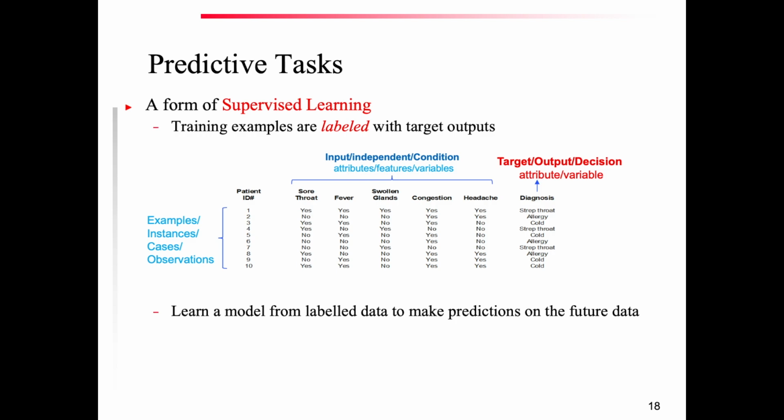Okay, so here, for example, for predictive tasks, here is a form of supervised learning, and you can see that the examples here are, let's say, our training examples, and they are labeled with target output. So we have a table. I'm not sure if you can see this, or is it too small? Okay, so we have information about patients.